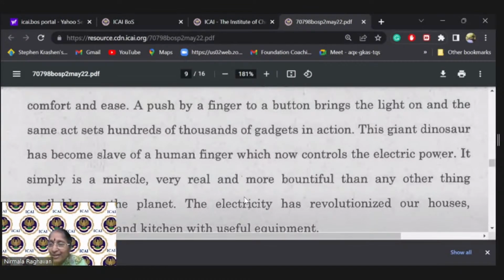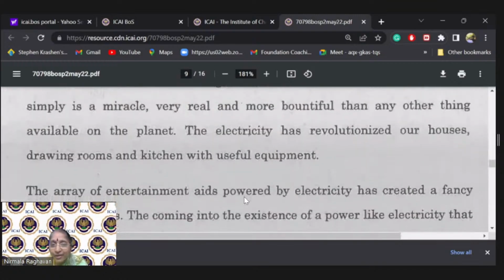This giant dinosaur, what is that? Electricity has become a slave of a human finger, which now controls the electric power. It simply is a miracle, very real, and more bountiful than any other thing available on the planet. What is bountiful? Plenty.